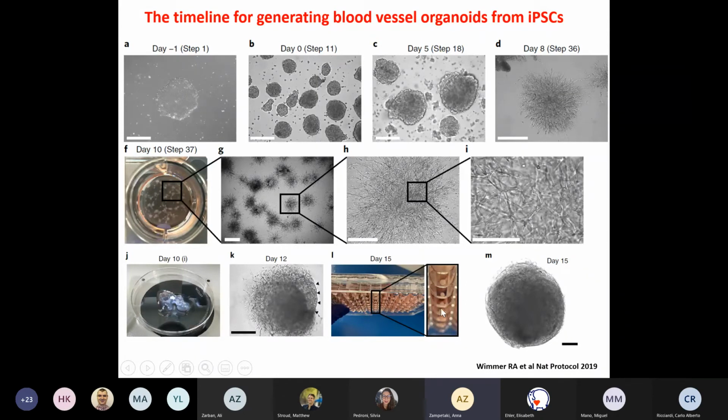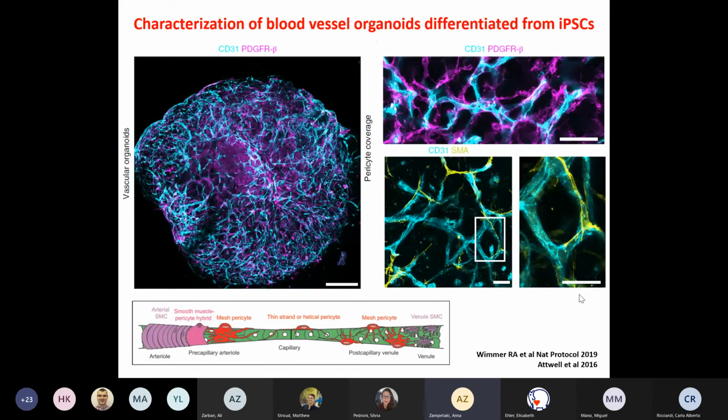What you see here are actually different organoids. Finally, on day 15, you have the blood vessel organoid. If you want to characterize the cell composition, you will find that here in blue, you see a lot of CD31 endothelial cells, and also cells positive for PDGF-beta, so mural cells.